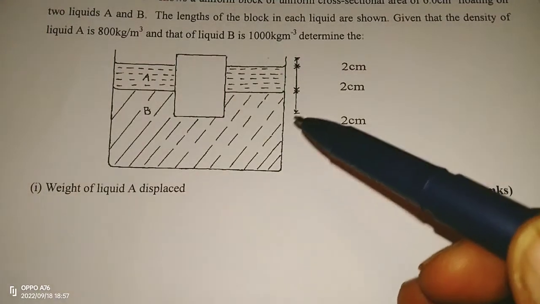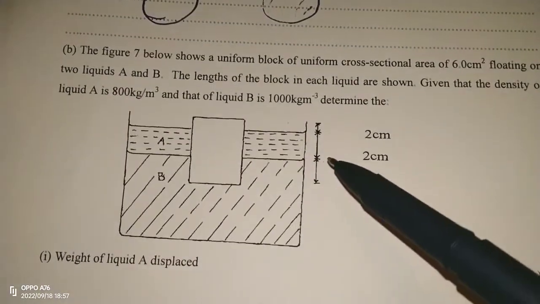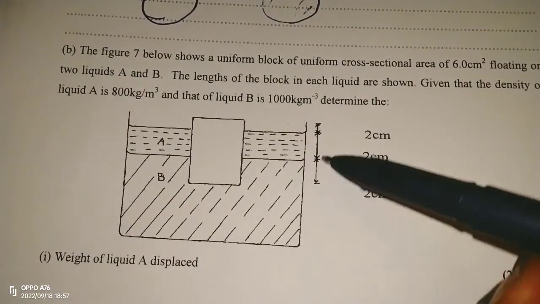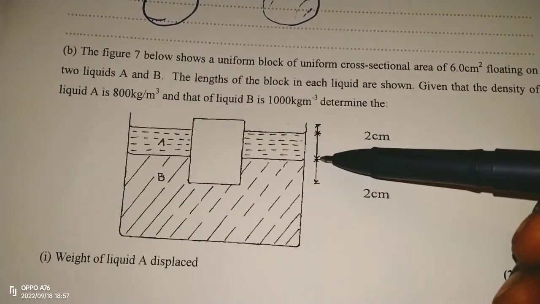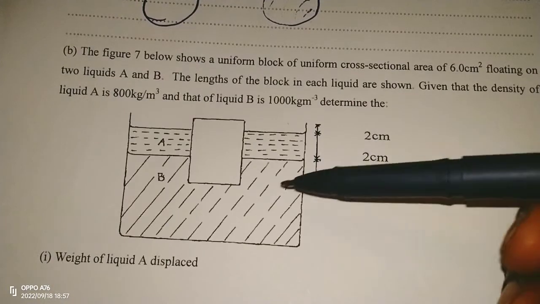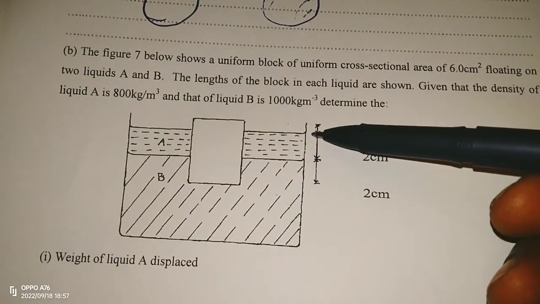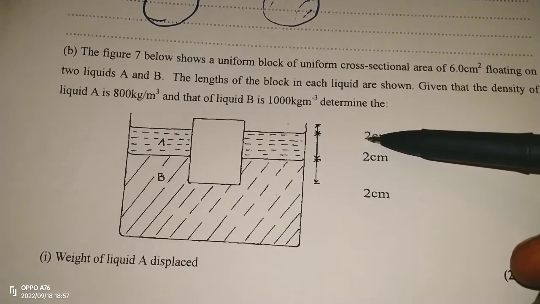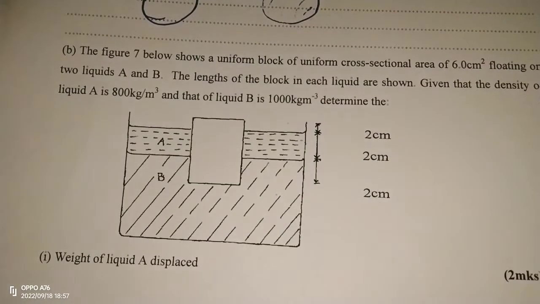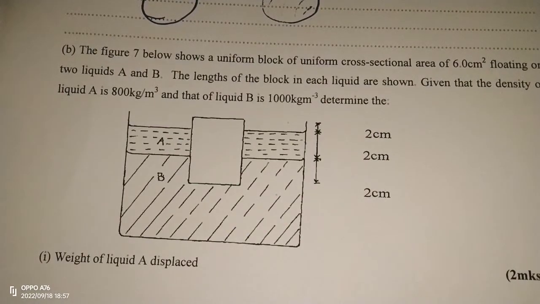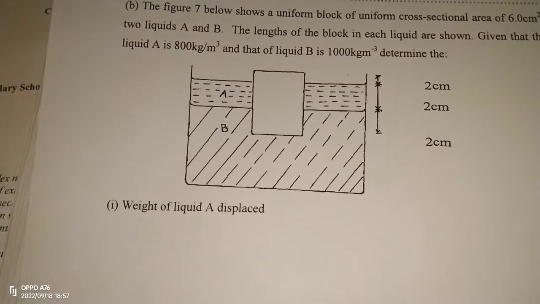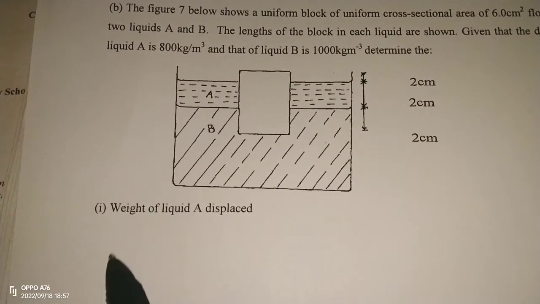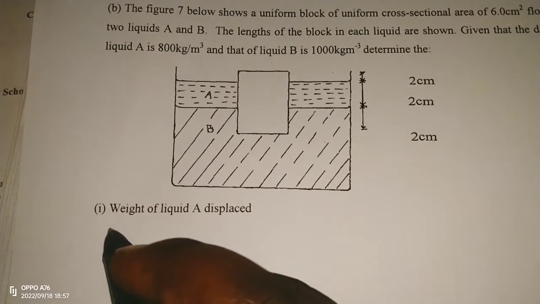So now we can see the solid. The solid has a total height of 6 centimeters because we have 2 centimeters in liquid B, 2 centimeters in liquid A, and 2 centimeters which is not submerged. Therefore, for the weight of liquid A displaced, we first get the volume of liquid A displaced.